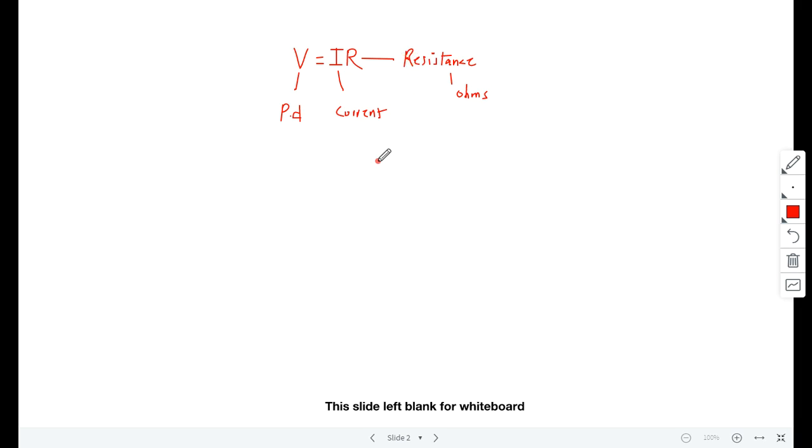Okay, now one question. You have to calculate resistance if the potential difference across a battery is 12 volts and it's giving a current of 24 amps. Calculate the resistance.